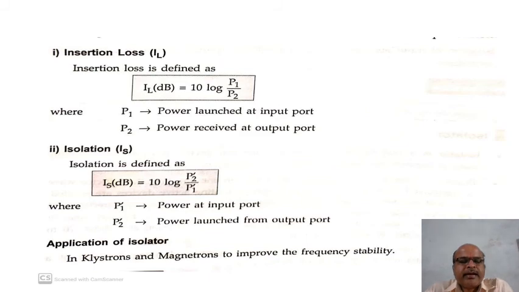Isolation is defined as 10 log of P2 by P1 dash, where P1 dash is the power at the input port and P2 is the power launched from the output port. Then the next is the application of the isolator. Generally, the isolator is used, as previously mentioned, in the klystron and magnetron to improve the frequency stability. This is an important function of the isolator. It provides the frequency stability.